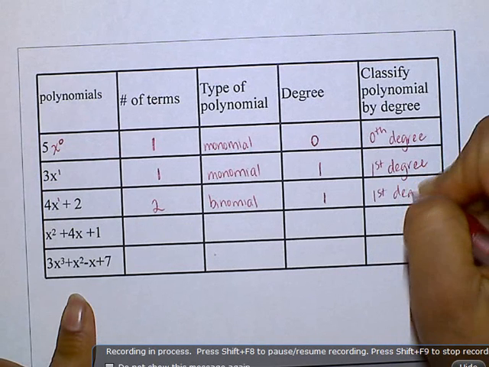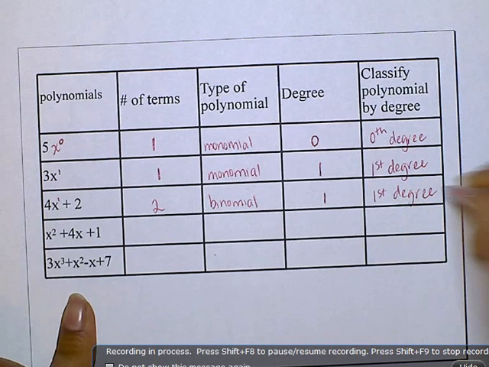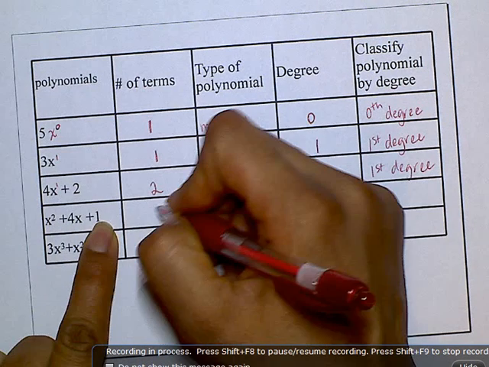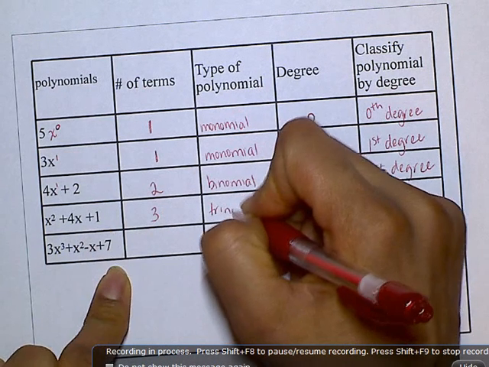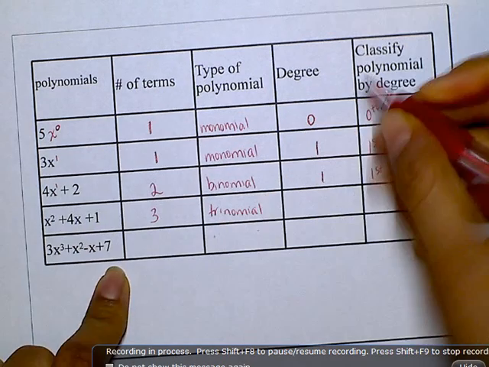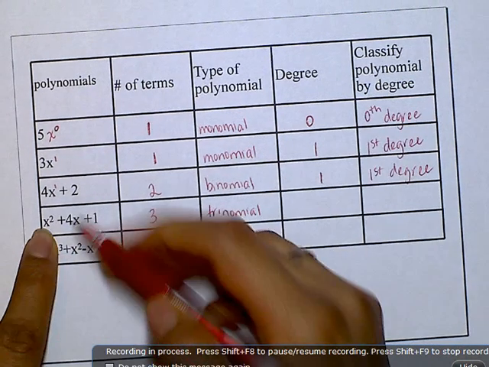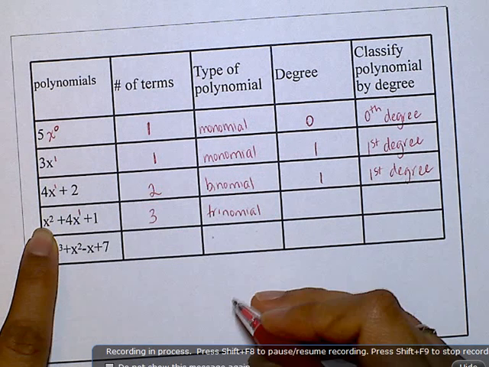Next one, I have 1, 2, 3 terms, and that is a trinomial. Degree, look at the highest exponent. So the exponent here is a 2, and here it's a 1. The highest number is a 2, and that's a second degree function.